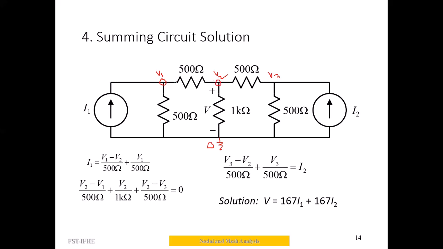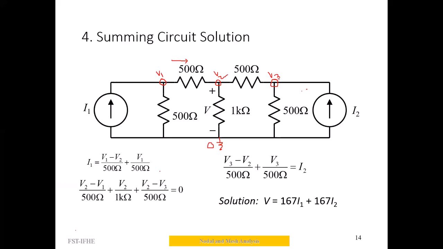Assume that currents are flowing outside: V2 minus V1 by 500, V2 minus 0 by 1 kilo ohm, V2 minus V3 by 500. Once you come to V3, apply the KCL, assume the current directions are outgoing and this current direction is incoming. Then I2 is equal to V3 minus 0 by 500, V3 minus V2 by 500.